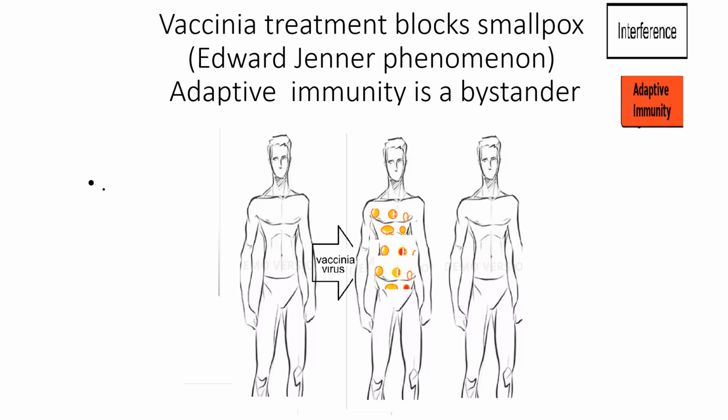The whole interference is done in spite of adaptive immunity. Obviously, adaptive immunity is activated because it is always activated when something happens. But adaptive immunity does not contribute to the Edward Jenner phenomenon.